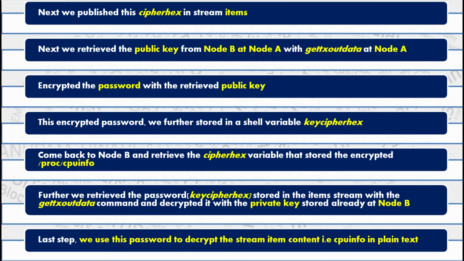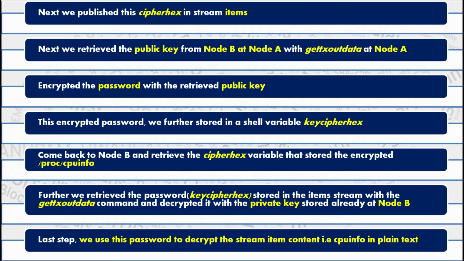And thereafter we came back to node B with the transaction ID generated. We retrieved the variable cipher hex, which stored the /proc/cpuinfo. And thereafter we also retrieved the password stored on the items stream with get transaction out data, queried on the transaction ID, and then decrypted it with the private key stored at node B, which was already stored while we generated the private and public keys.